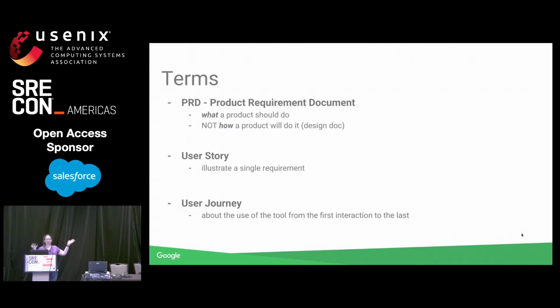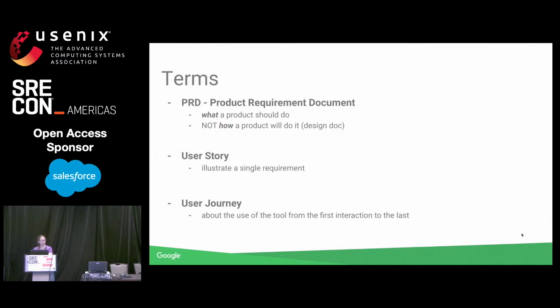Now, in my title, I have user journey. However, first I'm going to define user story, the way I'm going to use it here. There are many, many different definitions of both user stories and user journeys. Here, I'm going to use a user story as demonstrating a single requirement, why it's needed. That is often used in PRDs.